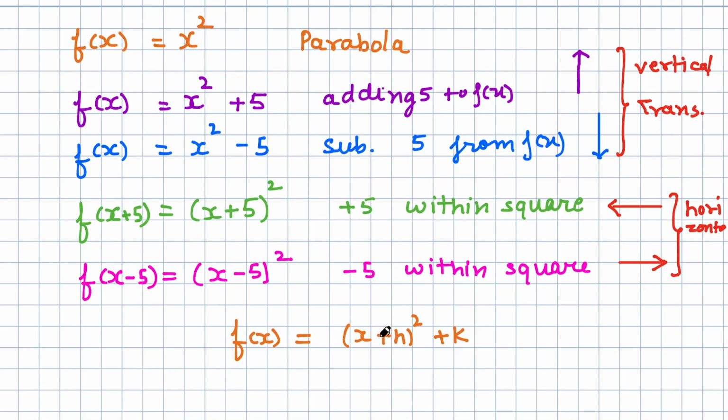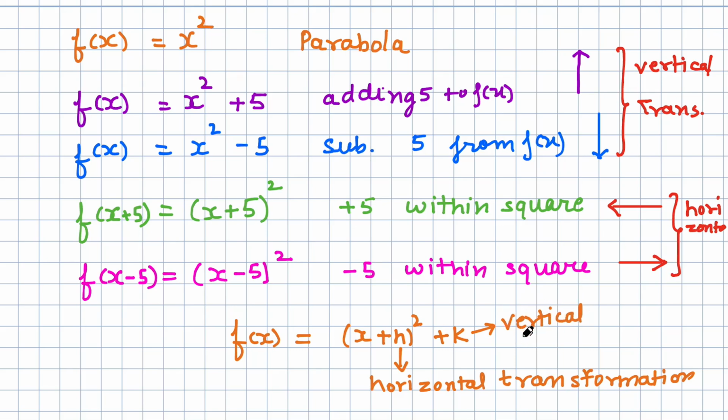That means whenever I am making changes with this, h will show you the horizontal transformation. This is what it is doing here, right? So this is showing horizontal transformation. And this k here will show vertical transformation.